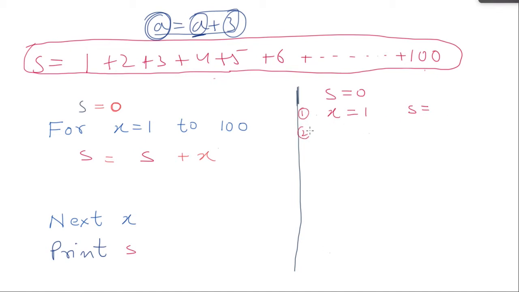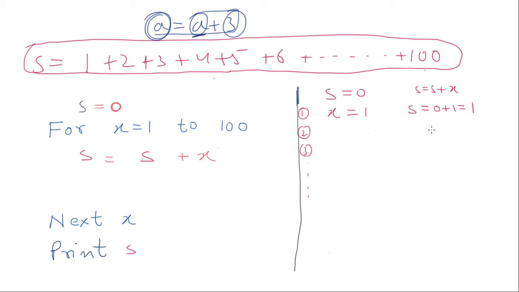Number 2 line, number 3 line, like that, many lines are there. So what will s become? s is equal to s plus x, right? What is s? 0 already, and x is 1, right? So it will become how much? 0 plus 1. How much is that? 1. Have you understood this line? Everybody understood this?